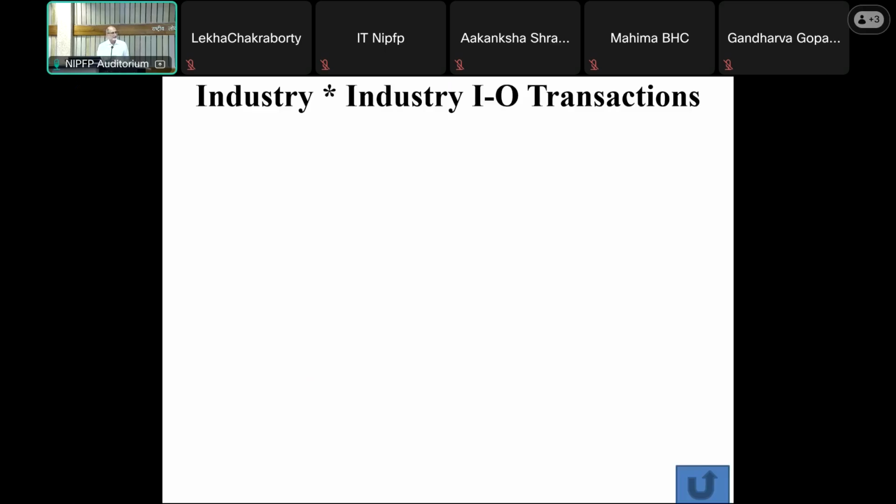The way the data is actually provided by the government, earlier we used to get the Indian input-output transactions table every 5 years. The first one was brought out in 68-69. And the last input-output table which the government brought out was for 2007-8, sometime in the year 2013. And after that, in the last few years, we have stopped actually publishing the input-output tables.